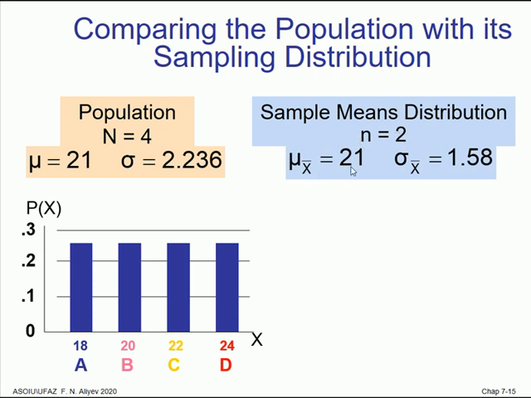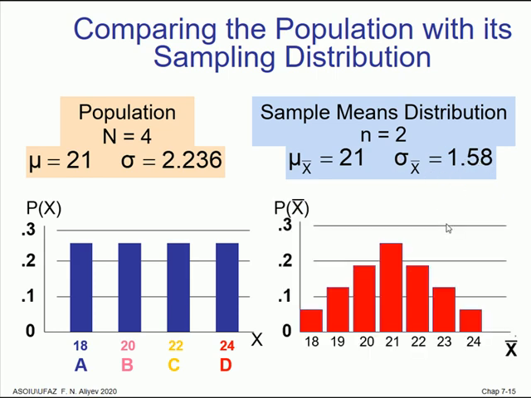We calculate the mean of all 16 samples as 21 and the standard deviation of all sample means as 1.58, and then we draw the graph of the sampling distribution. As you see, previously the graph was like a uniform distribution, with the same probability for each number, but when we select samples and make the sampling distribution, the graph looks like a normal distribution.